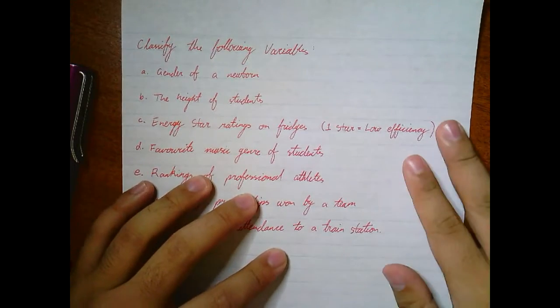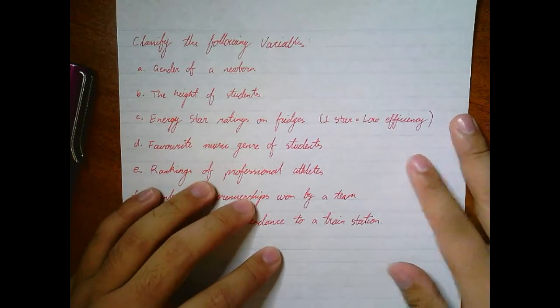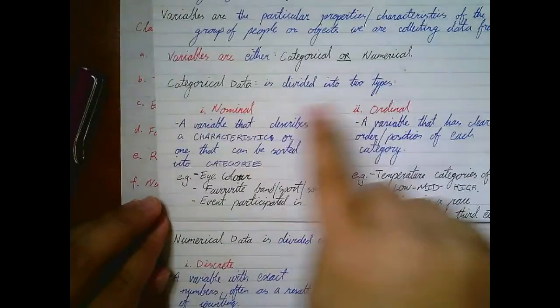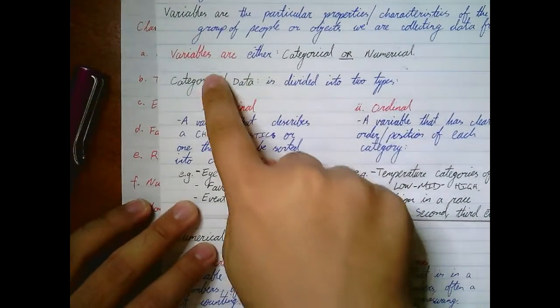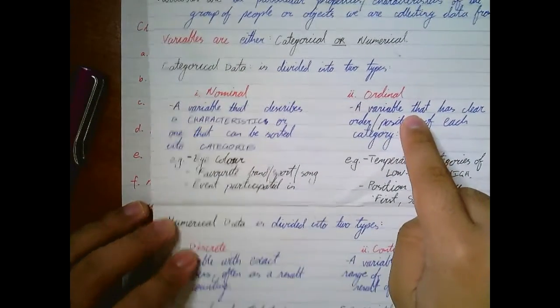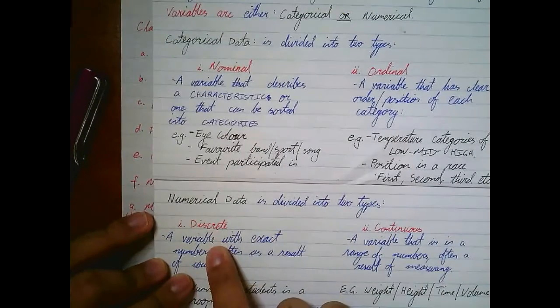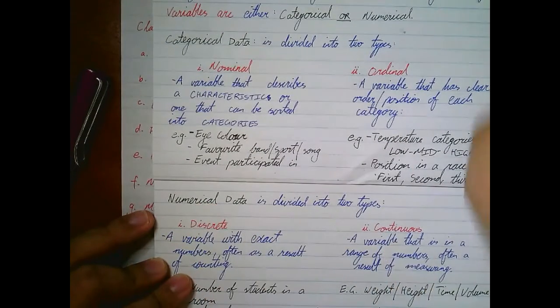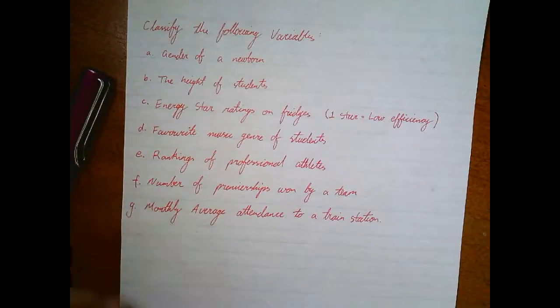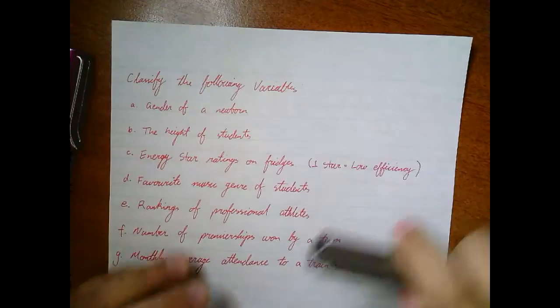Let's classify the following into either categorical nominal, categorical ordinal, or numerical discrete, or numerical continuous. So I'll just list on the top of this page the possibilities that we can have.